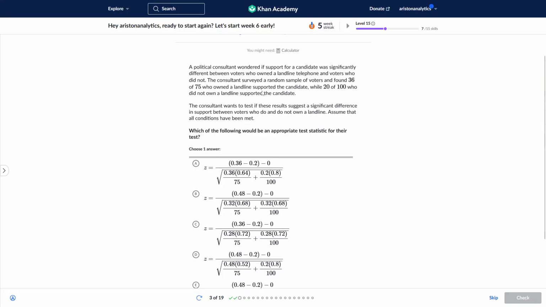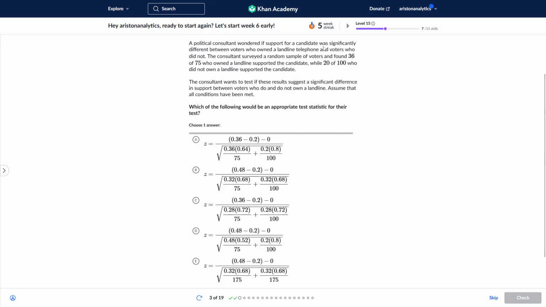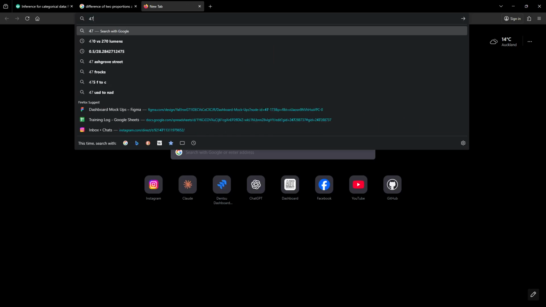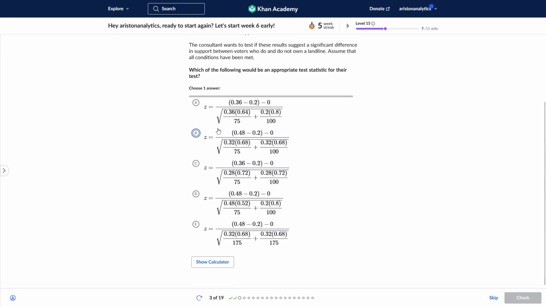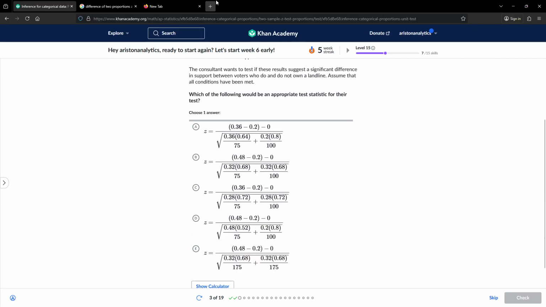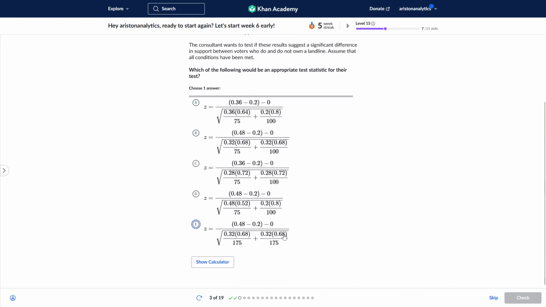P1 minus P2 versus 0. Okay. 36 over 75, 0.48. So it's between B, D, and E. Mm-hmm.